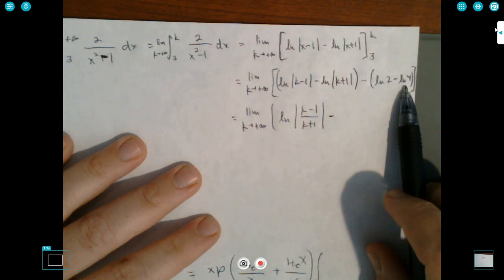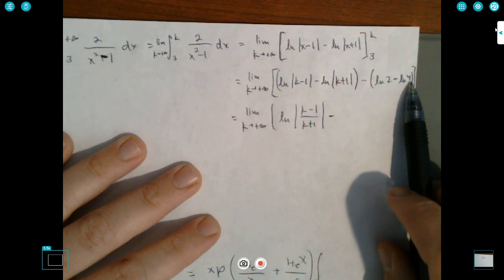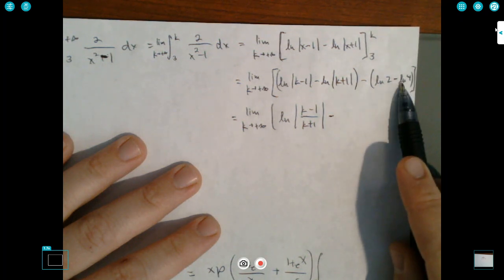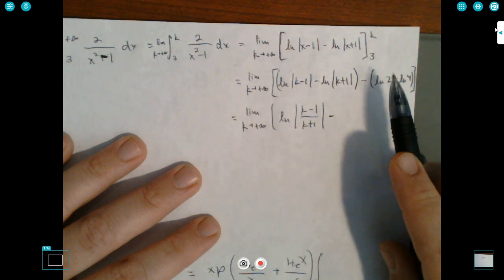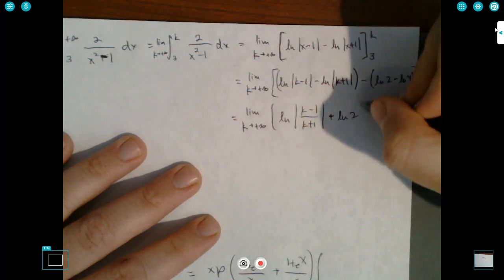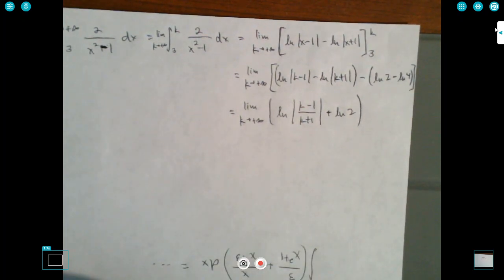This part, notice that 4 is 2 squared, and ln of 2 squared I can write as 2 times the ln of 2. So this is really ln of 2 minus 2 times the ln of 2. That's just a negative ln of 2. Negative ln of 2 with that negative will actually make it a positive ln of 2. Okay? So I've taken care of that business.